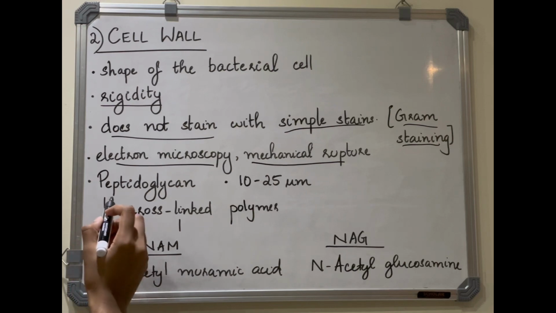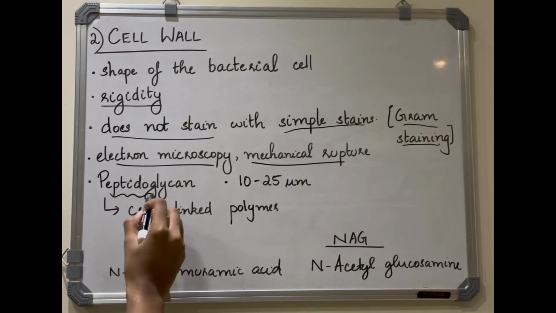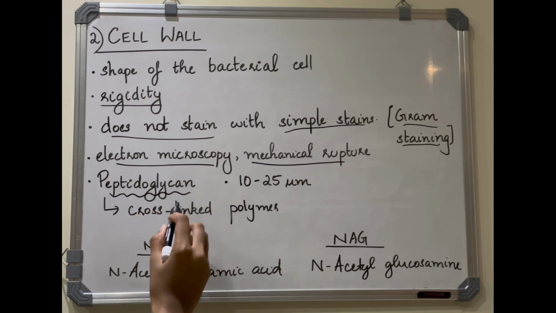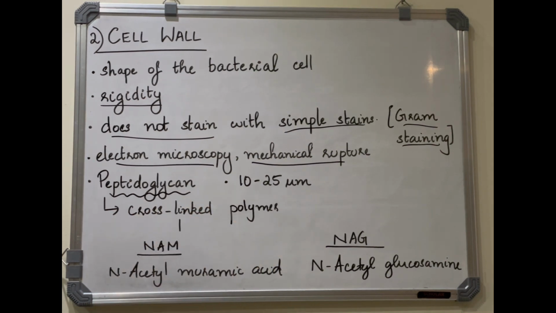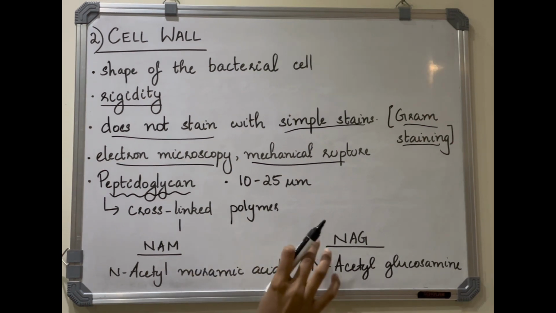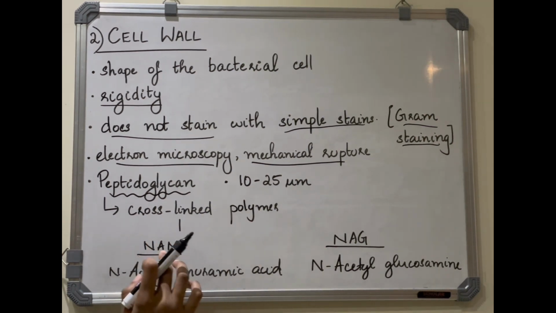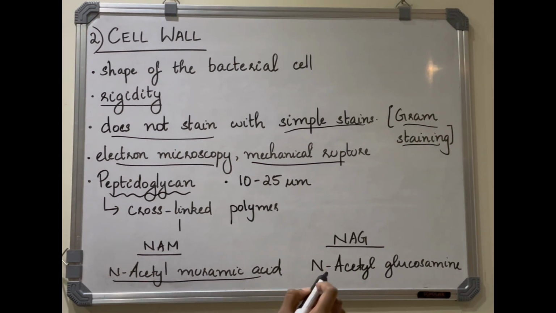The cell wall is made up of peptidoglycan. This peptidoglycan is a cross-linked polymer of alternately repeating NAM and NAG. That is, it is a cross-linked polymer of alternately repeating N-acetyl muramic acid and N-acetyl glucosamine.